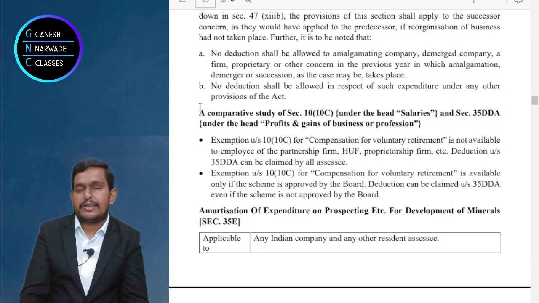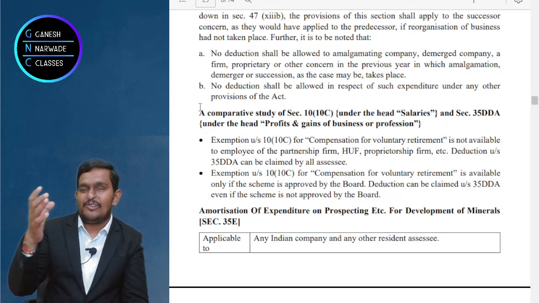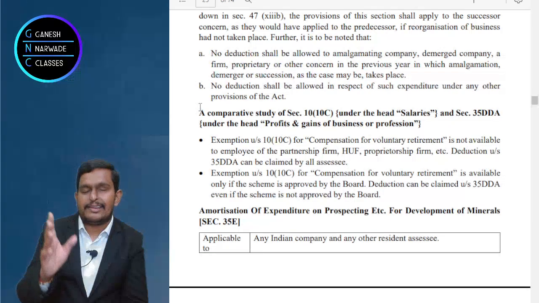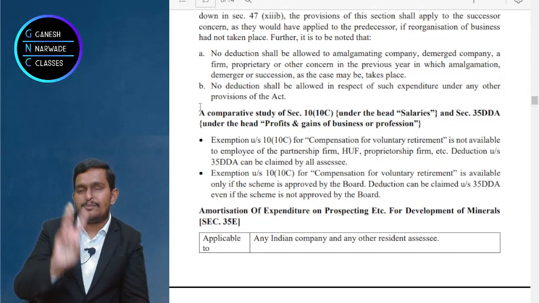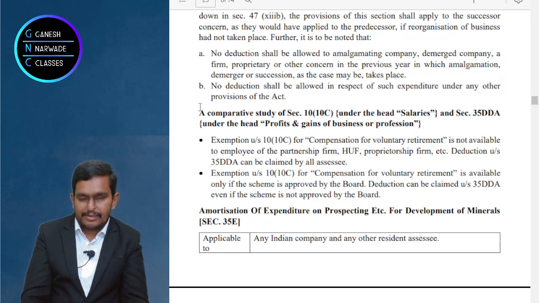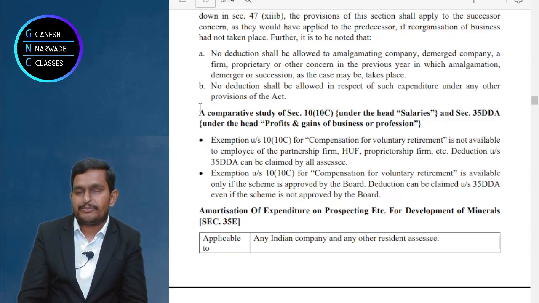So that is prospecting. Extracting is the easiest thing, right? Once you find where it is, you can easily get it. And the last thing is production, finally processing it. If you are into this business, you will get deduction under section 35E. To claim under this section, you should be either an Indian company or a resident assessee.